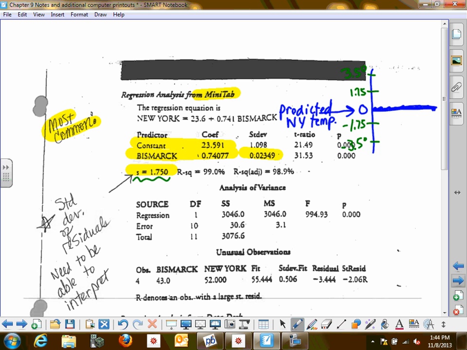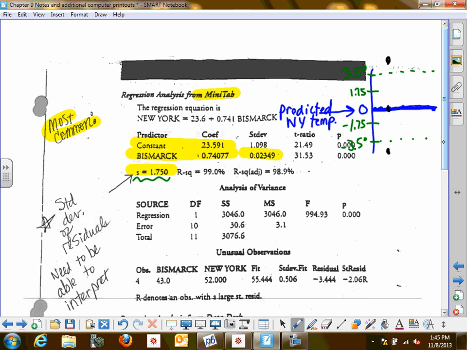So where would a data piece be considered an outlier? More than two standard deviations away. So if I have an actual temperature that is more than 3.5 degrees outside of the predicted, then that would be considered an outlier. So that is how you're going to write the interpretation.